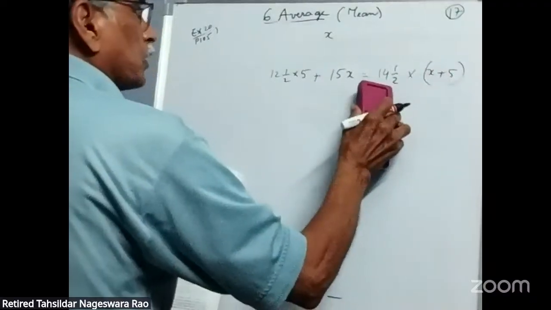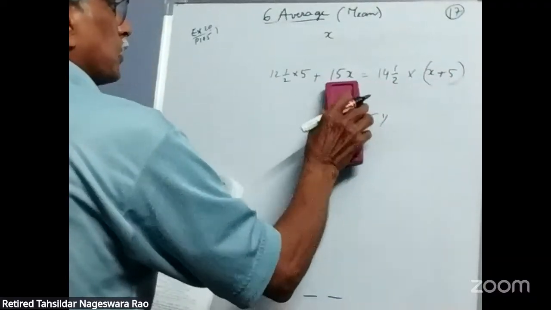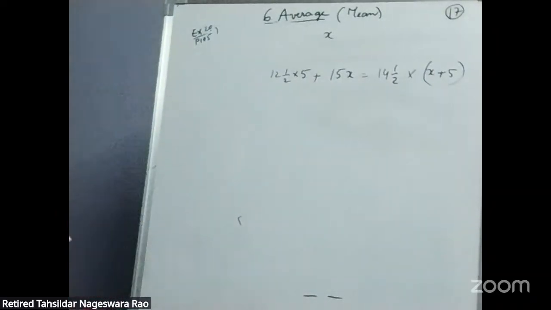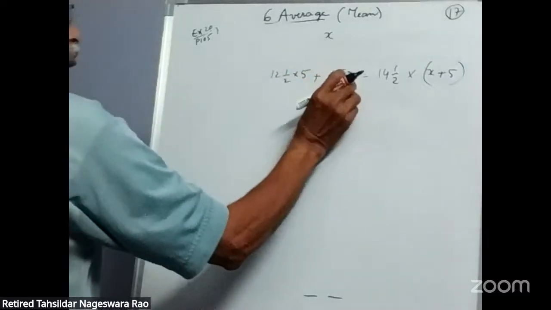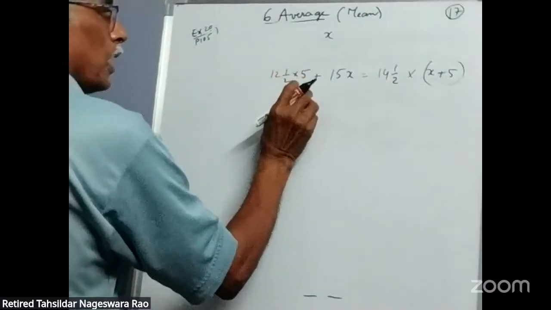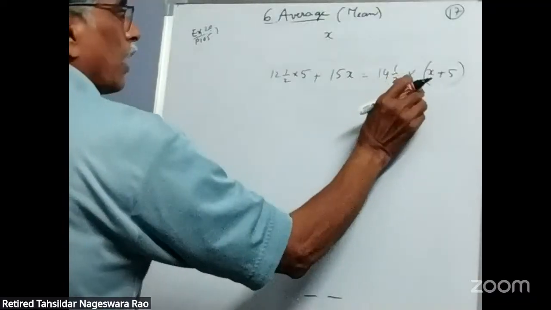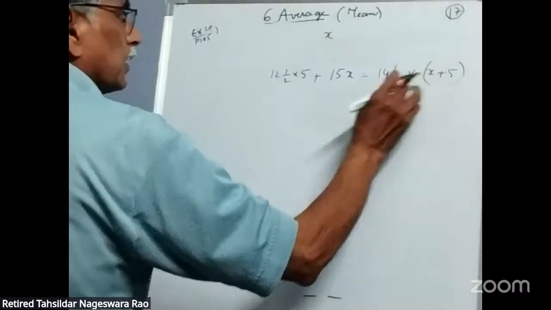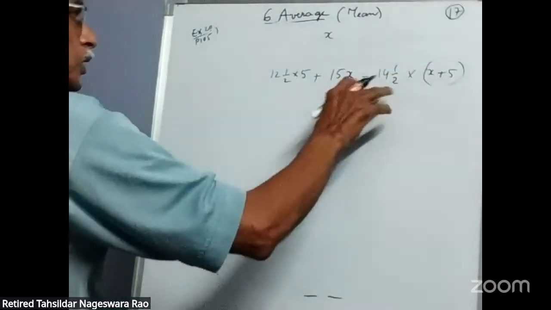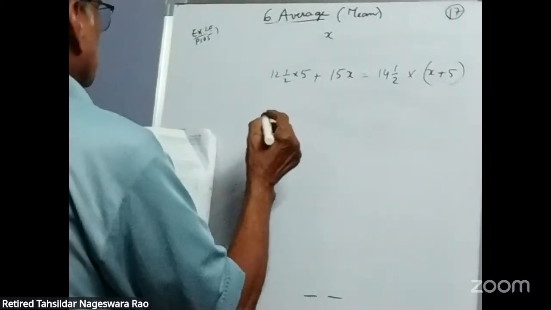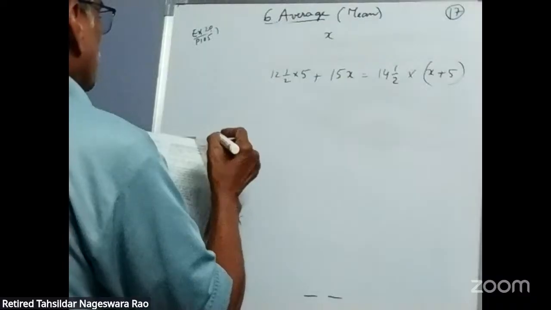New students plus new average: original ages plus the ages of the 5 students added gives the total of the increased strength. So x plus 5 is the new strength, 14 and a half is the new reduced average. That is the equation. Then find x. He is asking how many students were there in the class originally.